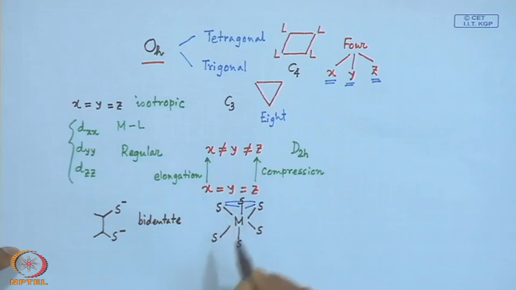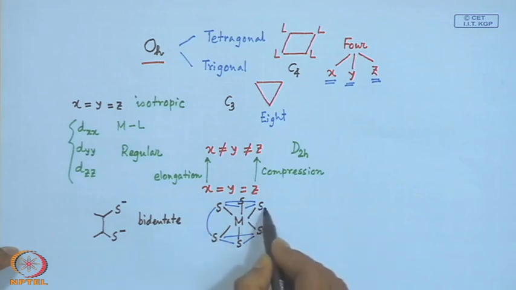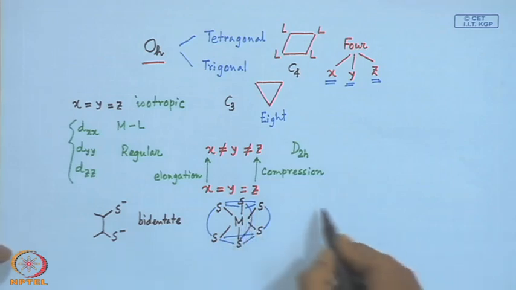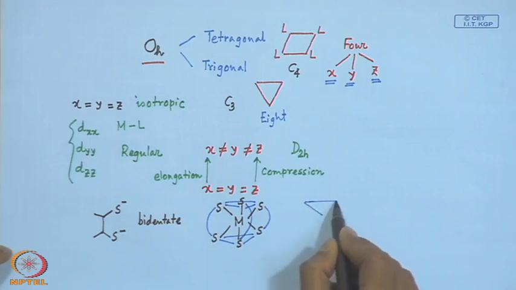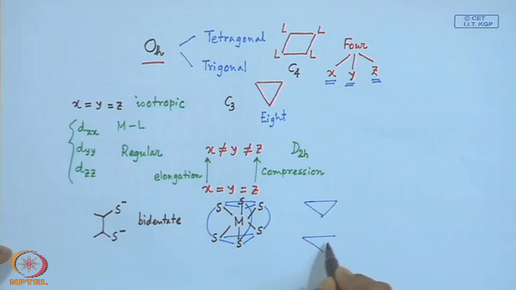So, this is a trigonal plane and the bottom plane is also a trigonal plane. This is the first bidentate ligand, this is the second bidentate ligand and this is the third bidentate ligand. So, overall the geometry is like this, and we should also be able to draw it nicely, like the drawing of the octahedron.